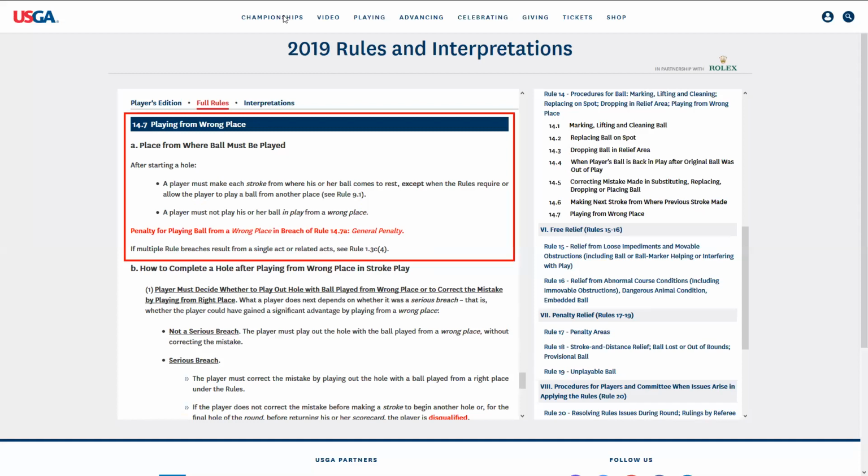And then you take your third shot, and you finally get the ball out. 2 penalties, 4 penalties, or 6 penalties? 6. Because every time you make a stroke from the wrong place, you get a 2-stroke penalty. Or in match play, you lose the hole. So the penalty is per stroke from the wrong place.